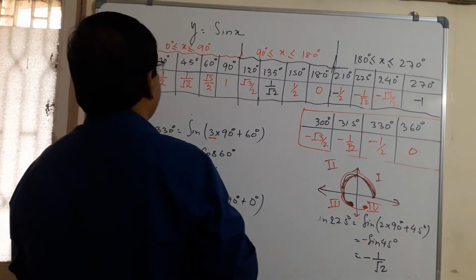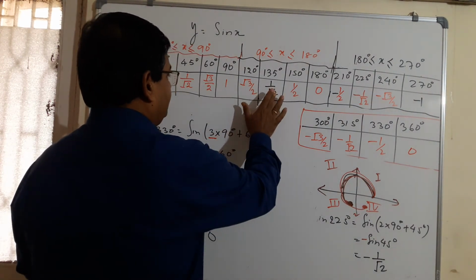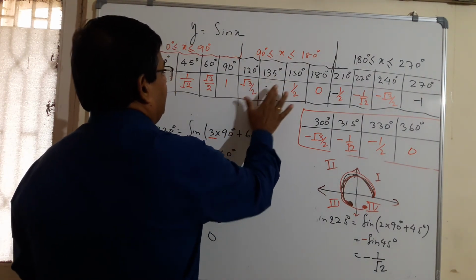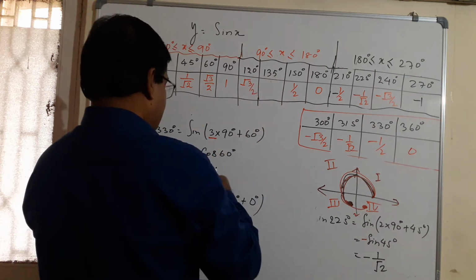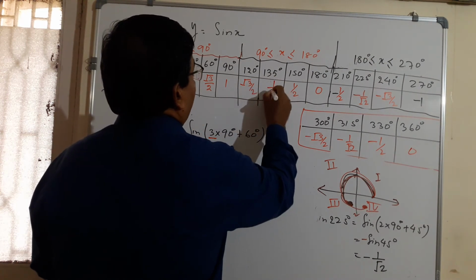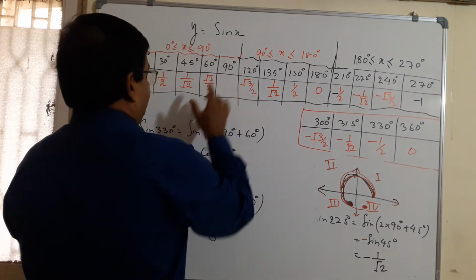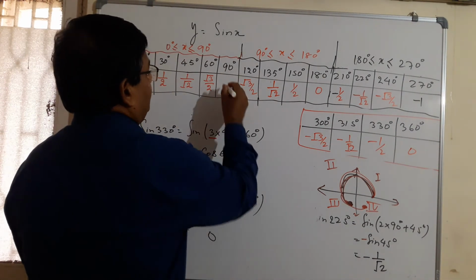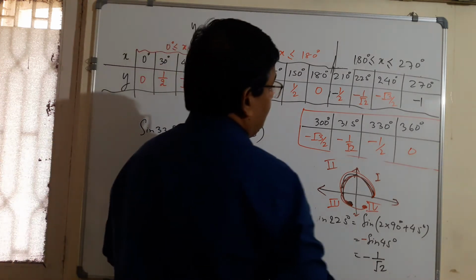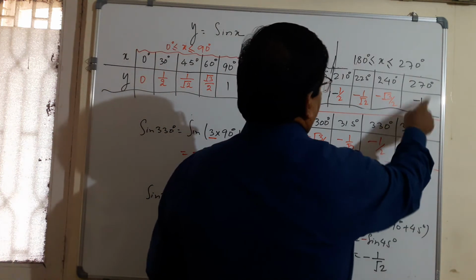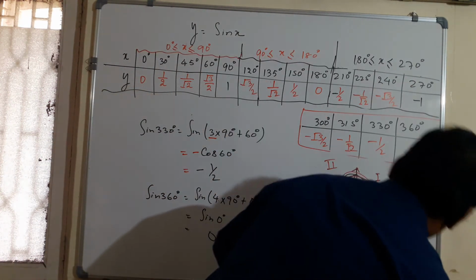So see here 1 by root 2. Here I am writing in red color, 1 by root 2. And here 1 I am writing in black color. Here minus 1. Okay.